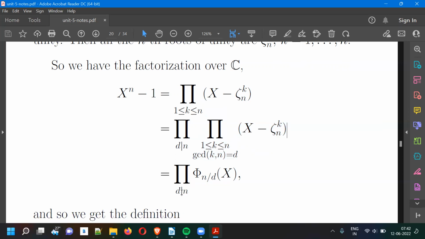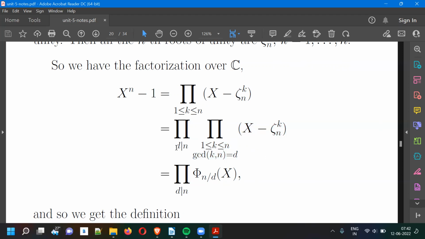So for every d, the product that we get inside, we will define to be phi of n by d, that is, phi n by d of x. For every d, this inner product, we will call it a polynomial phi n by d.